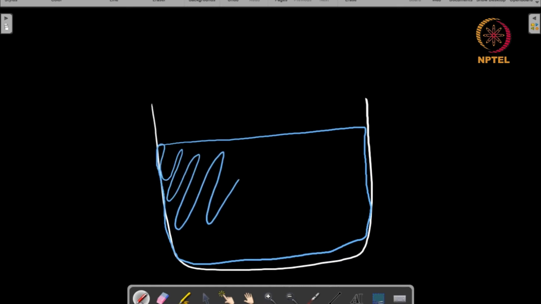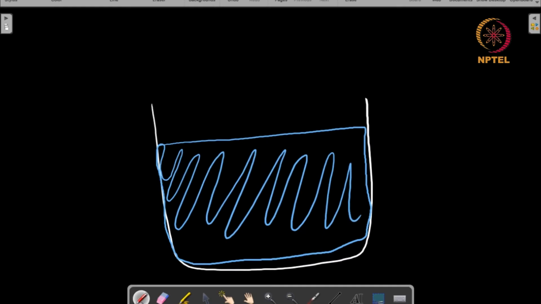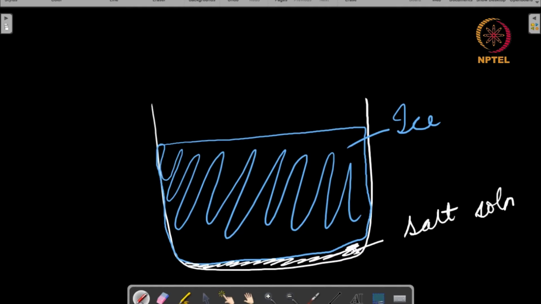So in this case, all of this is ice. And we will be left with this portion, which is a highly concentrated salt solution.